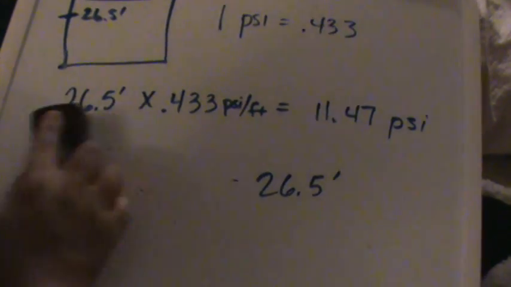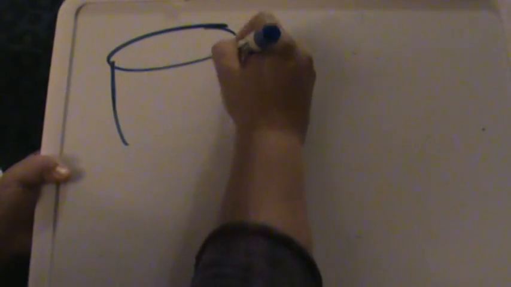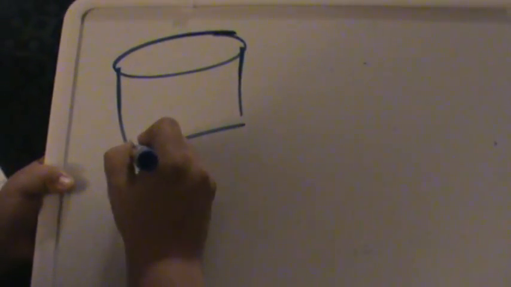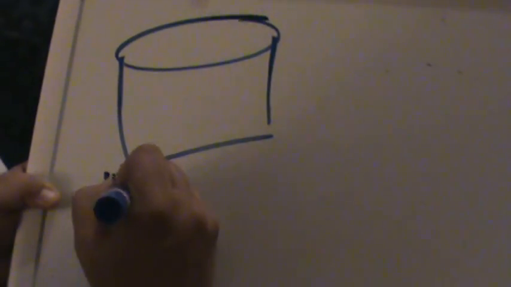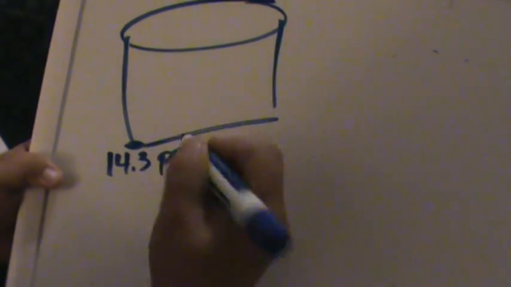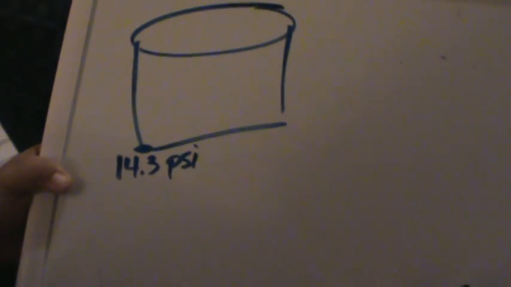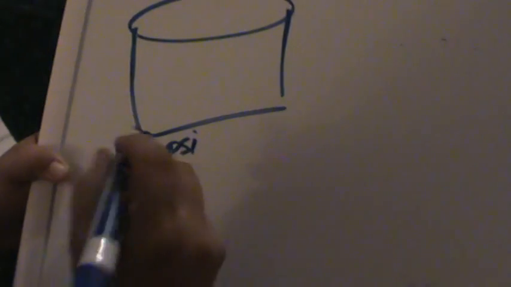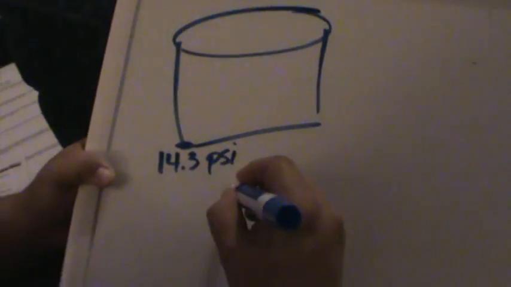Okay, so let's go on to question number 2. Question number 2 says calculate the level of water in a tank if the pressure at the bottom of the tank is 14.3. So again, I'm going to draw my tank. The pressure down here is 14.3 psi. They want to know what the level in the tank is. Since they've given me the psi, I know I'm going to divide.